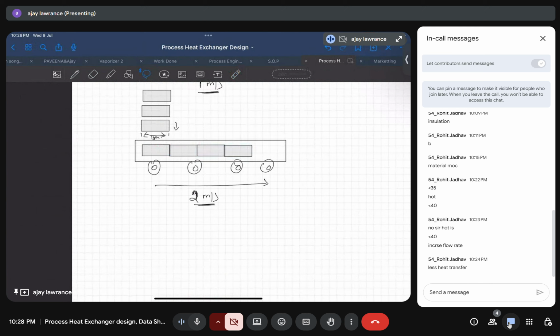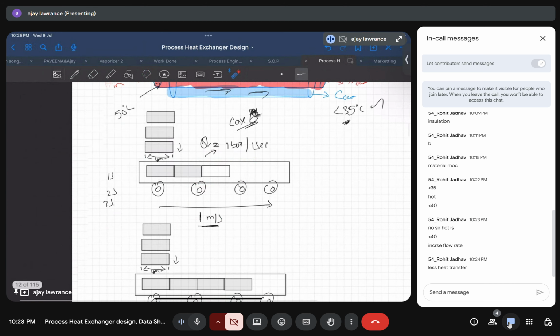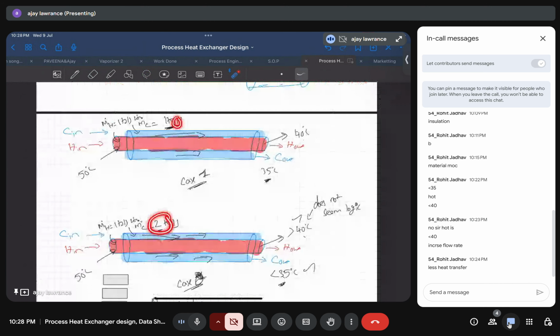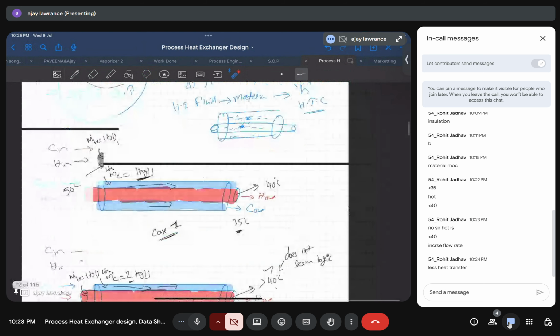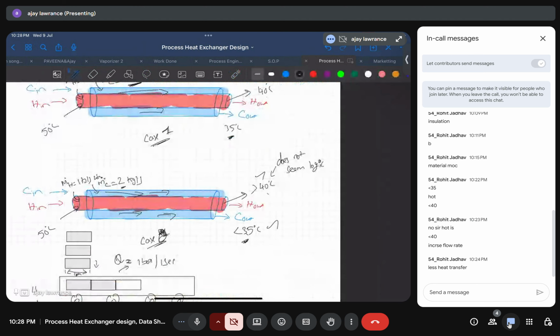So if flow rate is more, the transfer will be doubled. Similarly here, flow rate is more, so the transfer of heat will be doubled. That is why, if mass flow rate is getting increased, then rate of heat transfer will also get increased.